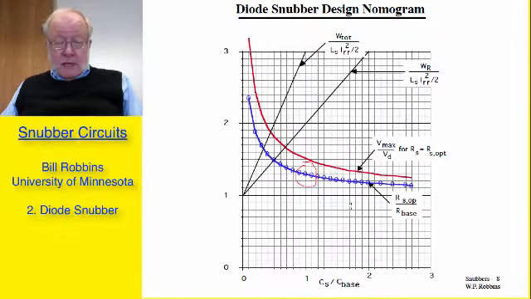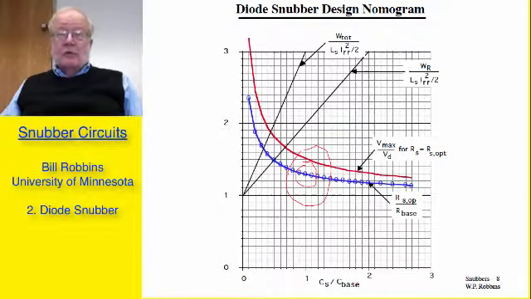And clearly, as we keep increasing the value of the capacitor, we're dissipating more and more energy in both the resistor and in the switch. And that is why we typically want to operate in this range right here, where we get the maximum decrease in the overvoltage without going too far and causing too much power dissipation in the snubber resistor and in the switch.